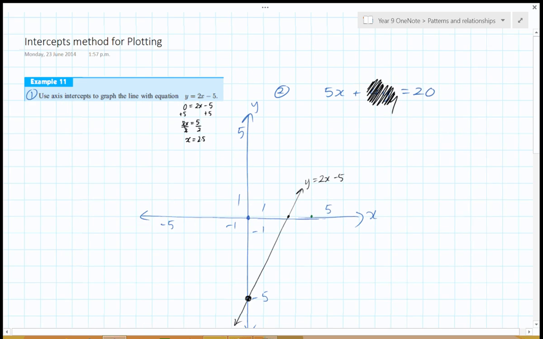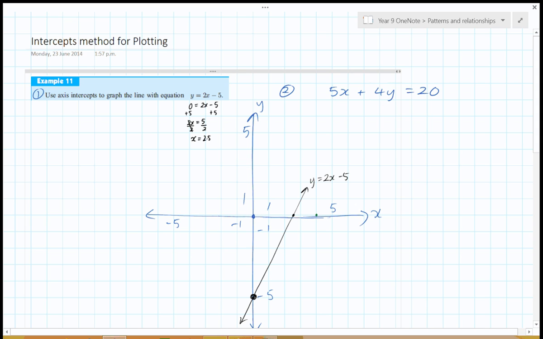Now we'll look at covering up the x variable, and you could just do this with your finger if you're doing it in your own book. So what's y going to be? 5. So I'm going to have 5 on my y-axis. I've got 2 points, so I can join those together. And there's my line.